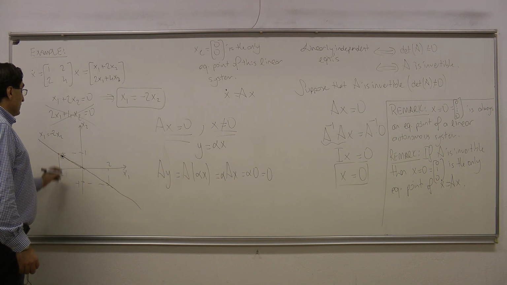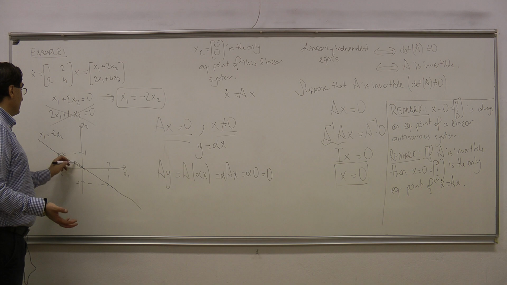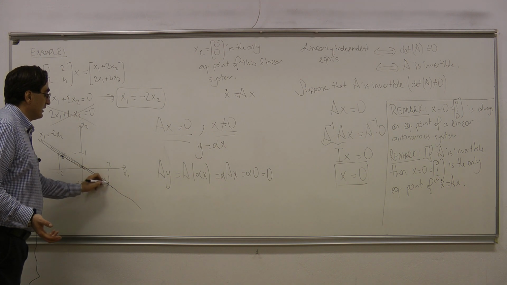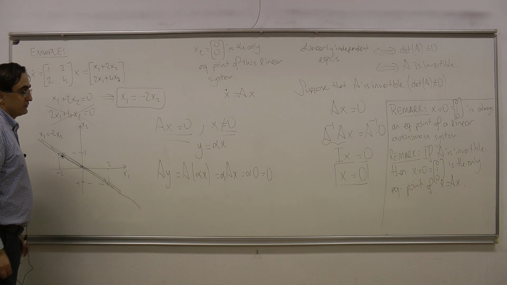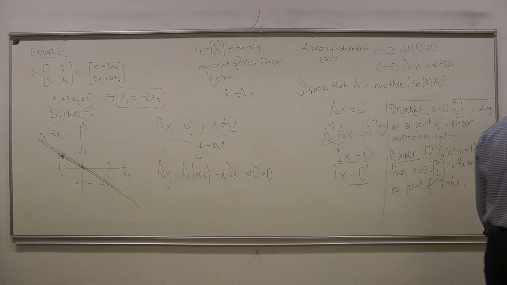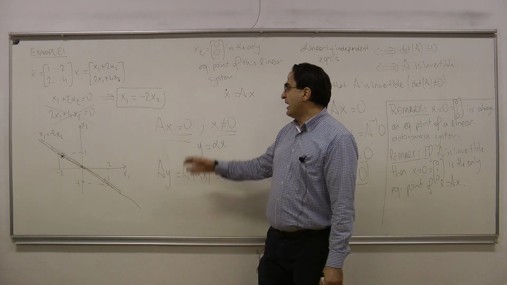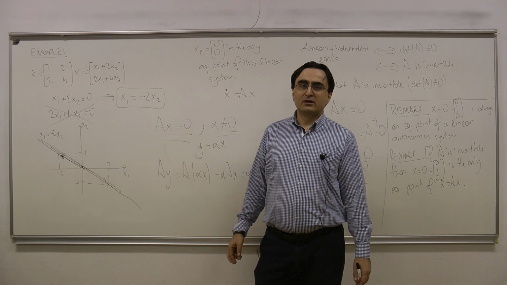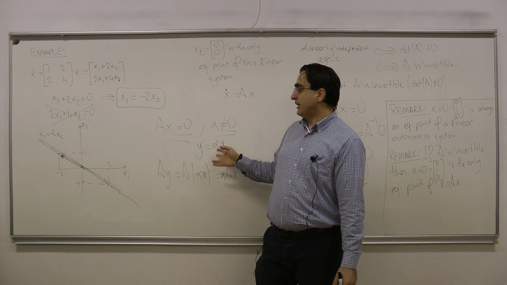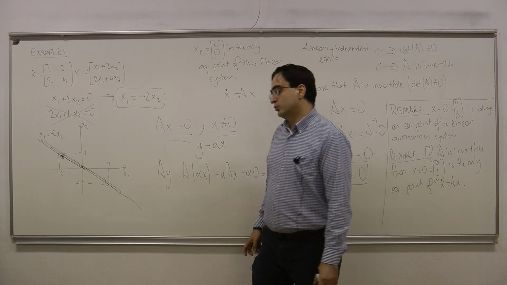The scaling of this vector with any constant would give me another equilibrium point, or with negative numbers I can scale it. Alpha can take infinitely many values. That means that if a linear autonomous system has a non-zero equilibrium point, then it would have infinitely many equilibrium points, because I can scale that non-zero equilibrium point with any constant, and the new point would be another equilibrium point.